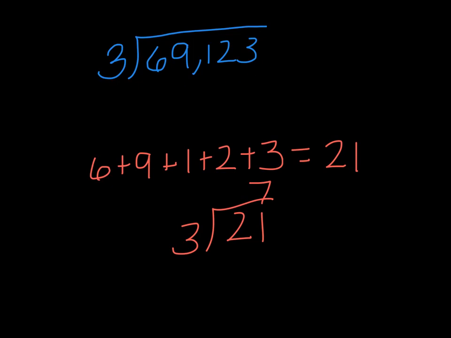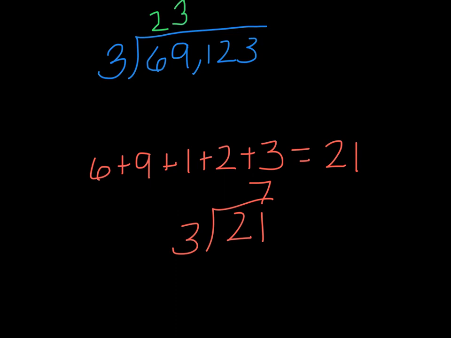So let's take a look at it using short division. So we're going to do 3 goes into 6 2 times. 2 times 3 equals 6. 6 minus 6 equals 0. So now we have 3 goes into 9 3 times.